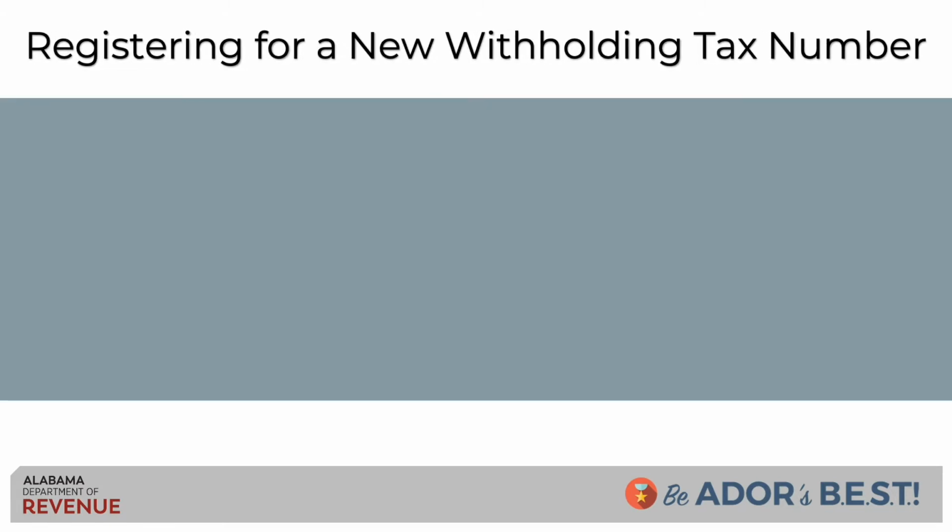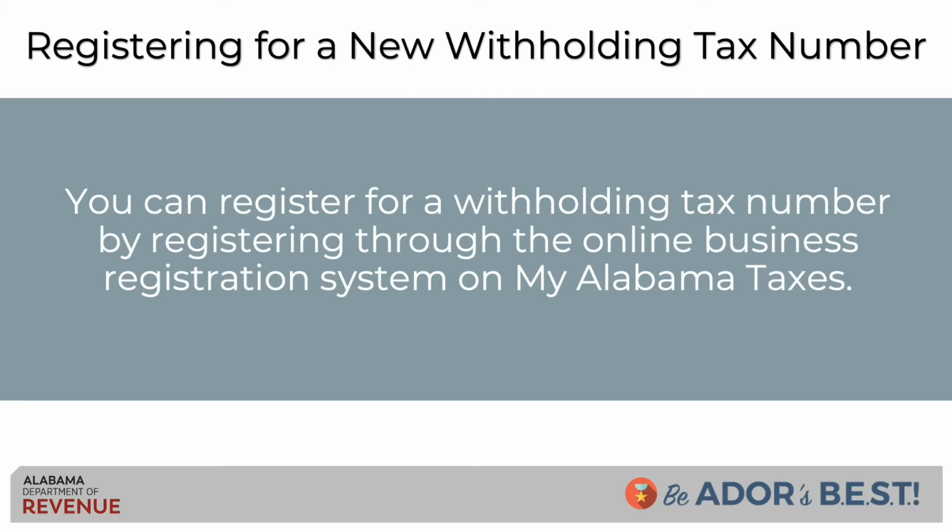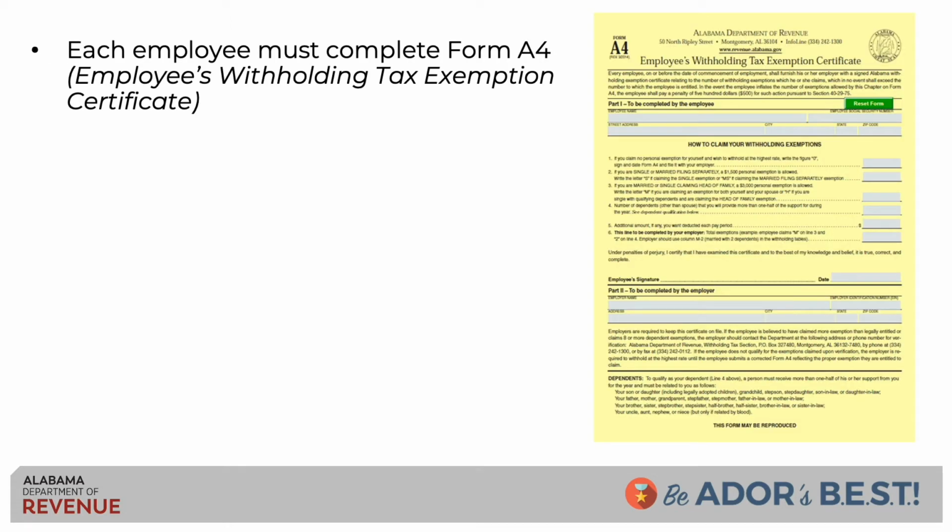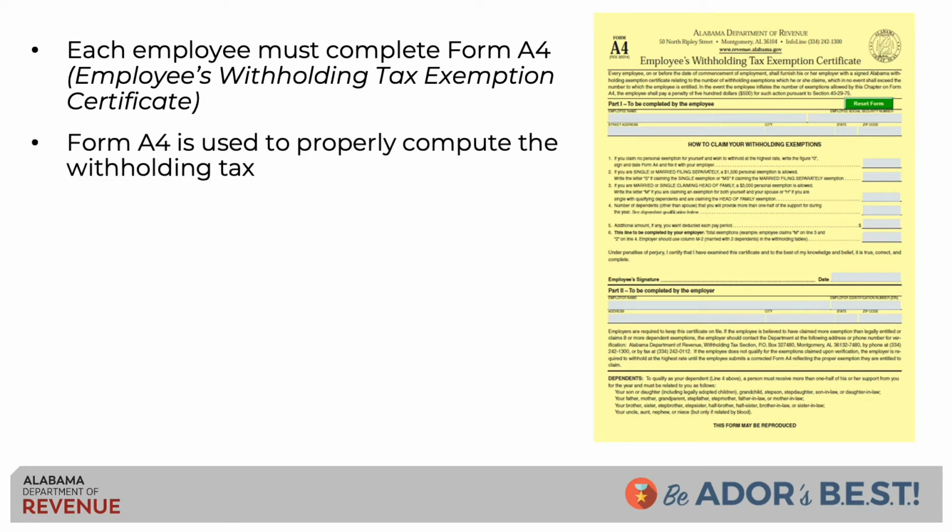Registering for a new withholding tax number. You can register for a withholding tax number by registering through the online business registration system on My Alabama Taxes. Each employee must complete Form A4, used to properly compute the withholding tax.